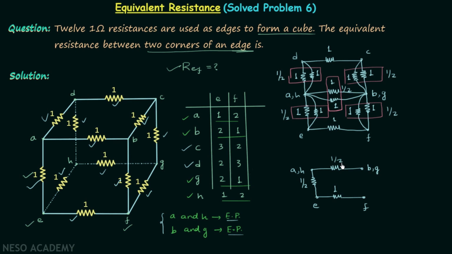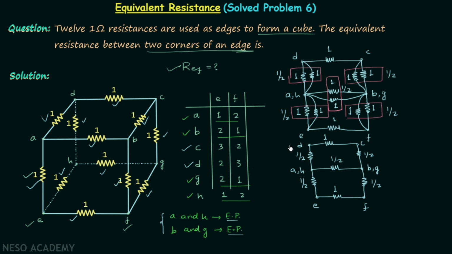After this, between BG and F we have a half ohm resistor. Then between D and AH we have another half ohm resistor. And between C and BG we have another half ohm resistor. And between D and C we have a 1 ohm resistor.